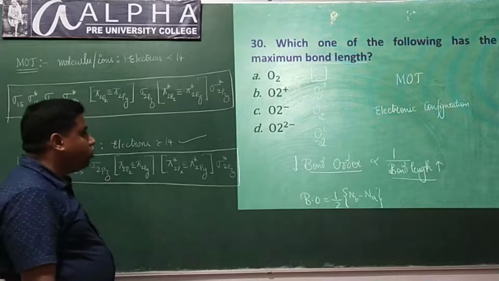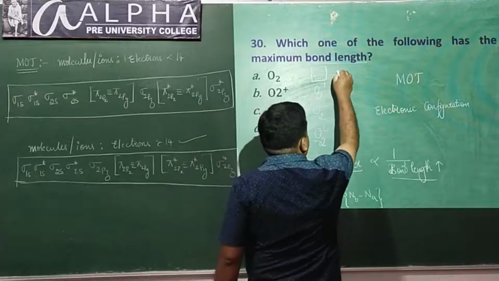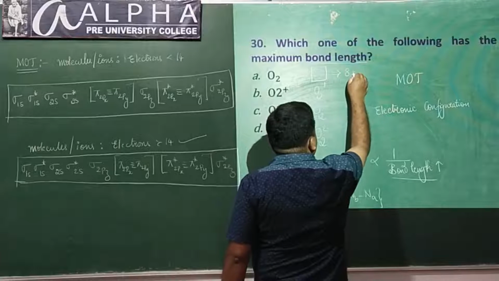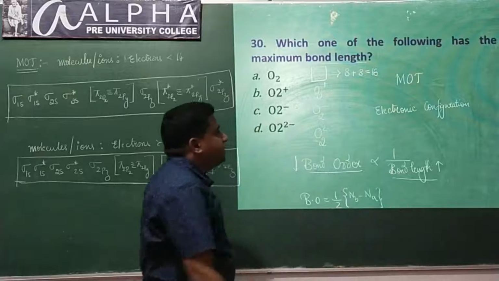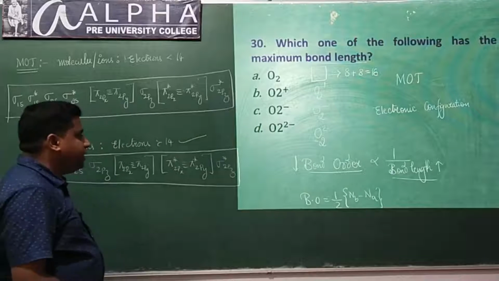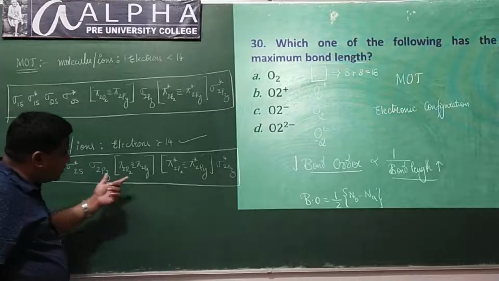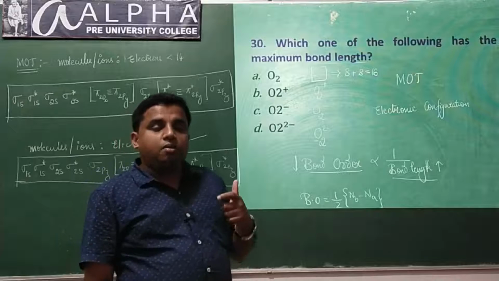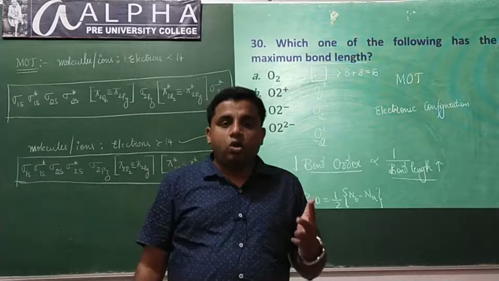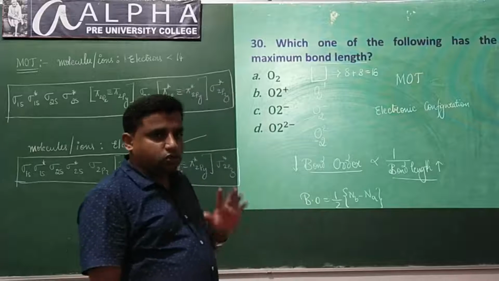What is the bond order of O2? How many electrons? 8 plus 8 is equal to 16 electrons, isn't it? So let us fill those 16 electrons in these various orbitals. We have to follow Aufbau principle, Pauli's exclusion principle, and also Hund's rule of maximum multiplicity. Hope you know the rules.